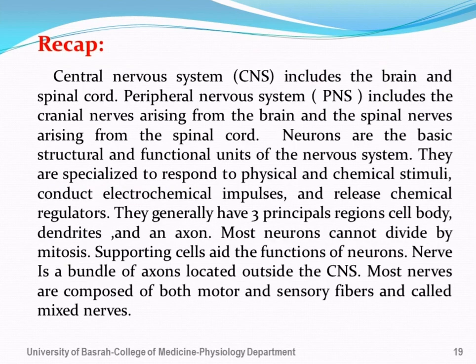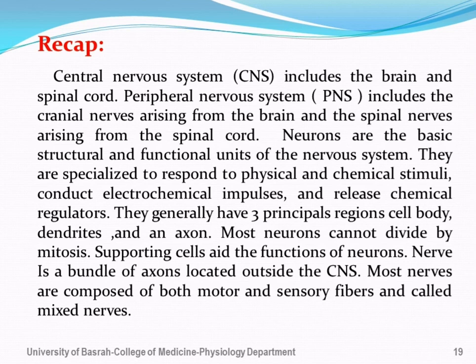Now, a summary of our lecture today. We said that the central nervous system includes the brain and spinal cord. The peripheral nervous system includes the cranial nerves, which originate from the brain, and the spinal nerves, which originate from the cells in the spinal cord. The neurons are the basic structural and functional unit of the nervous system. They are specialized to respond to any stimulus, whether physical or chemical, and are responsible for producing electrical impulses and conducting them through chemical regulators, the neurotransmitters.